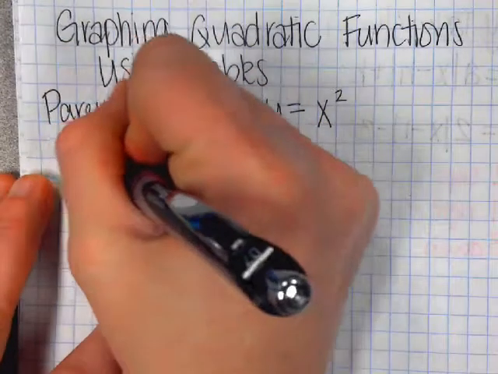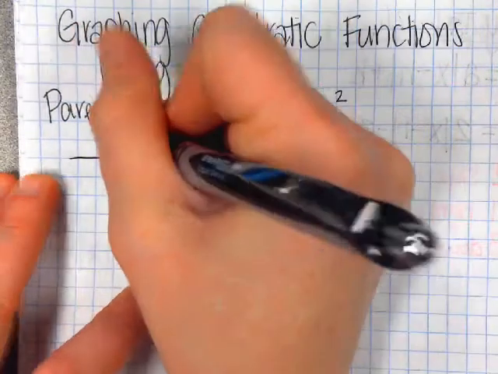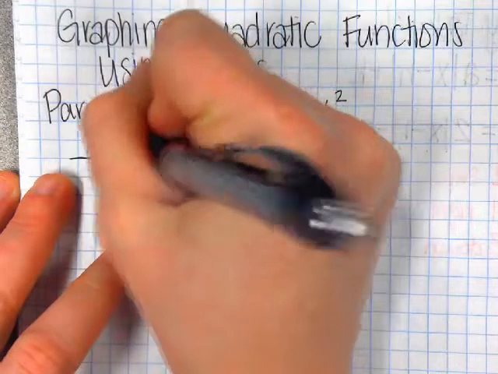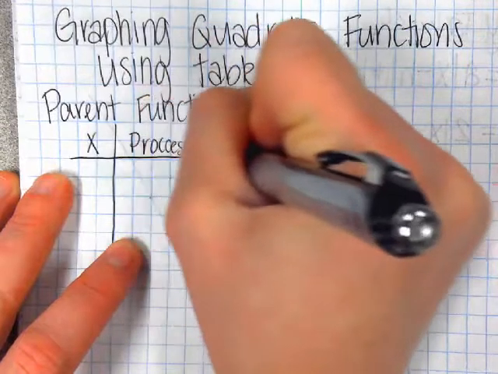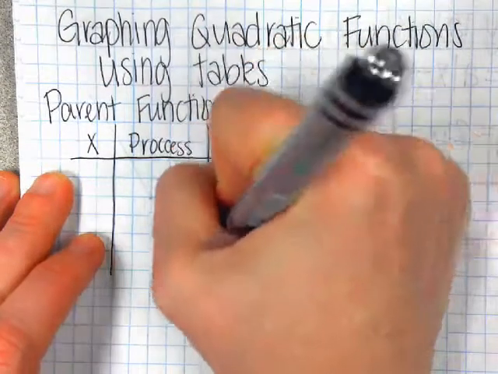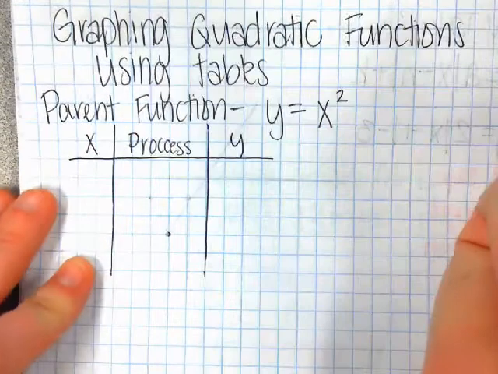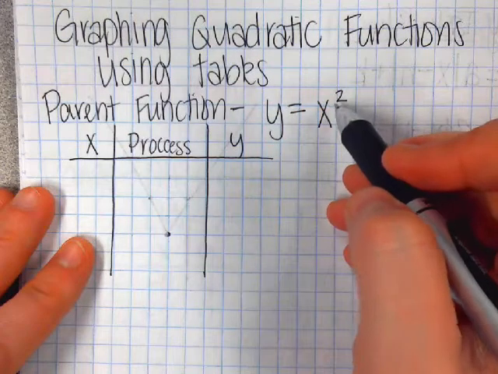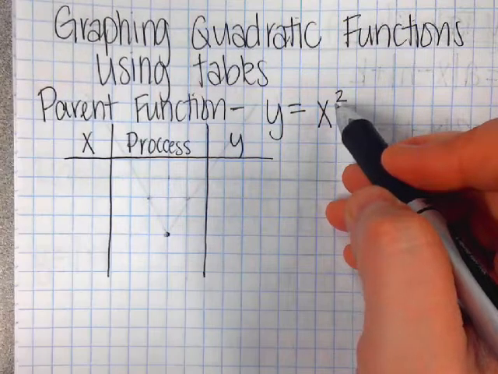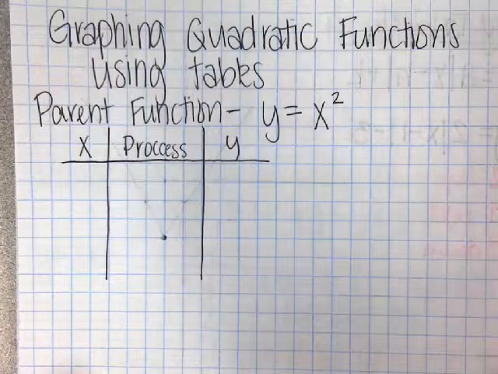Just like we did on absolute value, you're going to have a table. X, use the process. And then you're going to get y values. On this one, just because it's a squared, if we end up using 4, it's going to make your table or your graph huge.